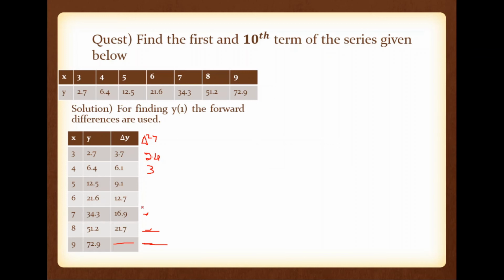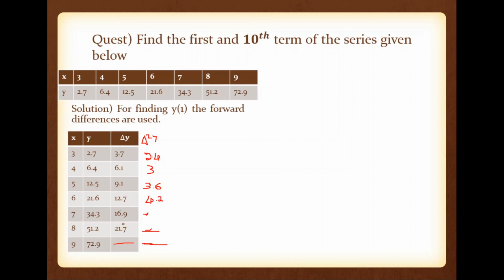Now what about this data? 12.7 minus 9.1. So 3.6. What about this data? 16.9 minus 12.7, 4.2.